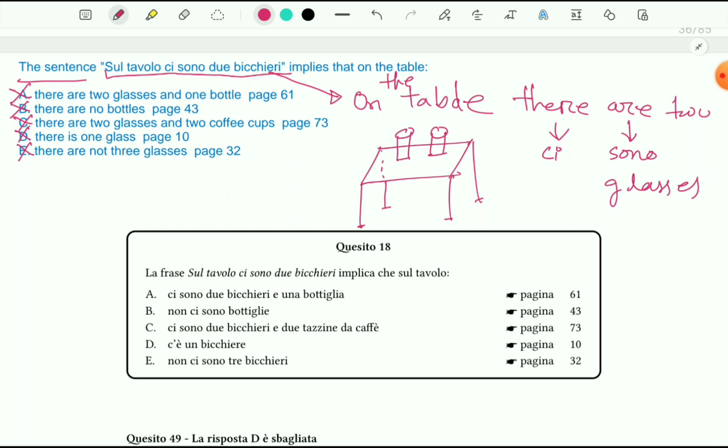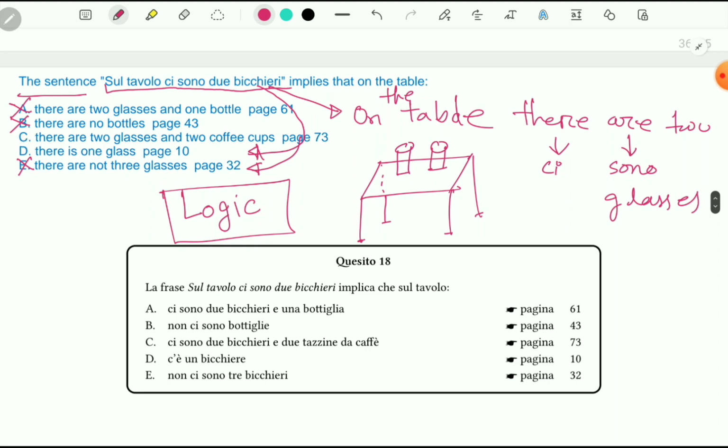So if you are thinking they will just use the translated statement, then you are wrong, because this is actually a logic problem. So you have to think critically. You should not exactly compare with the translation. So what we can do is, let's take a look here.